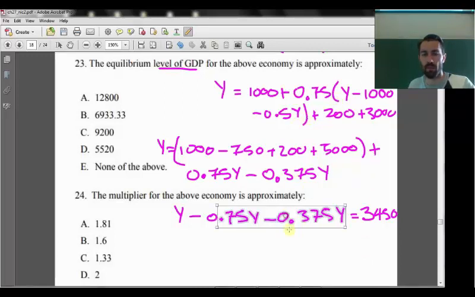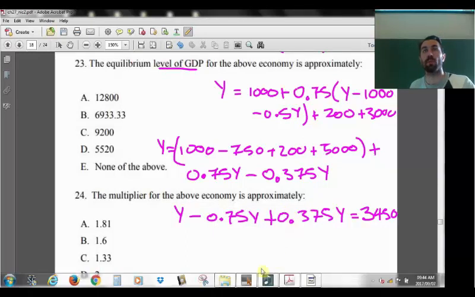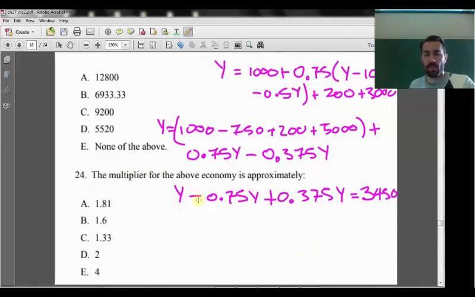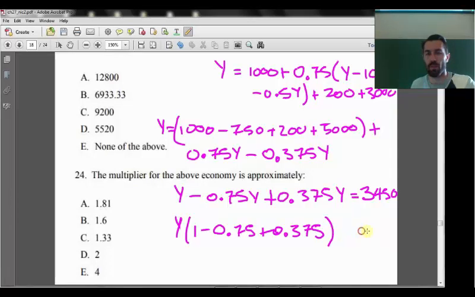Then 3,450, is that right? So what have I got here? Y times 1 minus 0.75 plus 0.375 equal to 3,450.